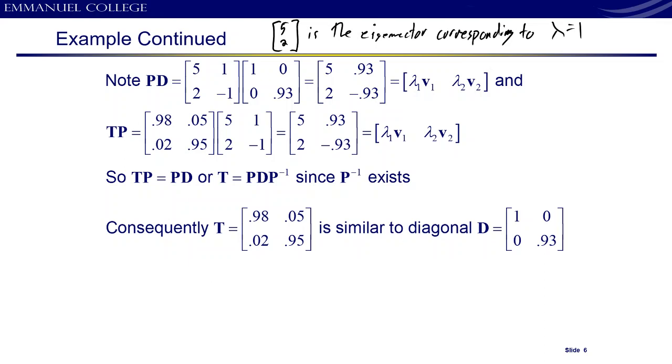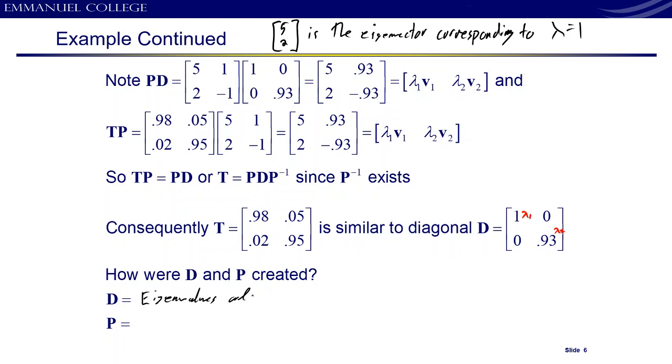So the nice thing is our transition matrix is similar to the diagonal matrix that's made up of its eigenvalues, lambda 1 and lambda 2. So D is created from eigenvalues along the diagonal.